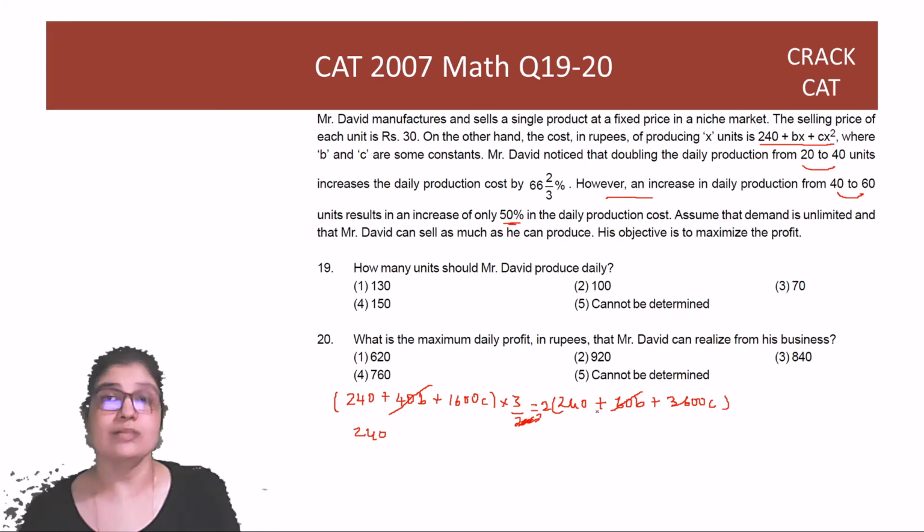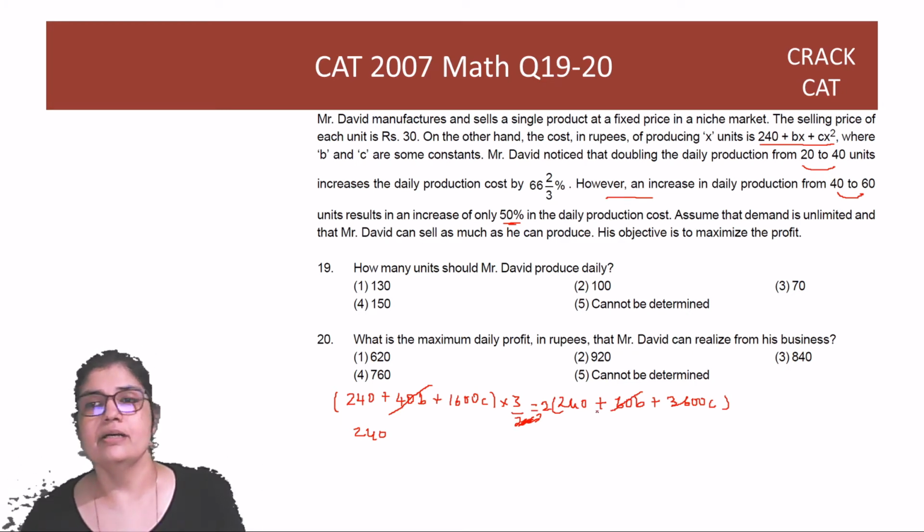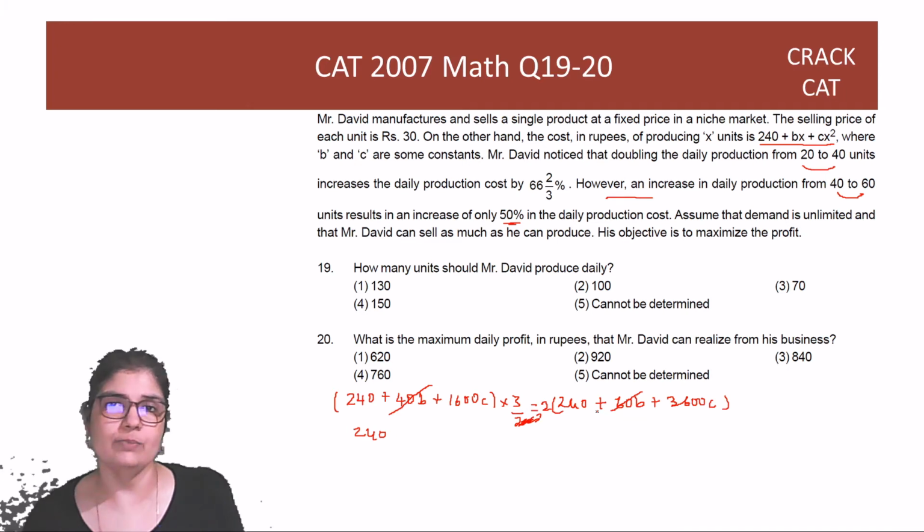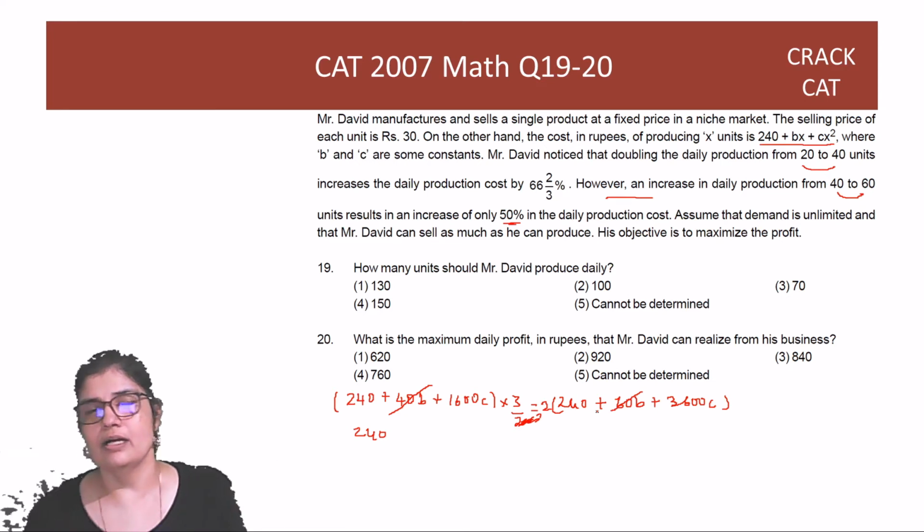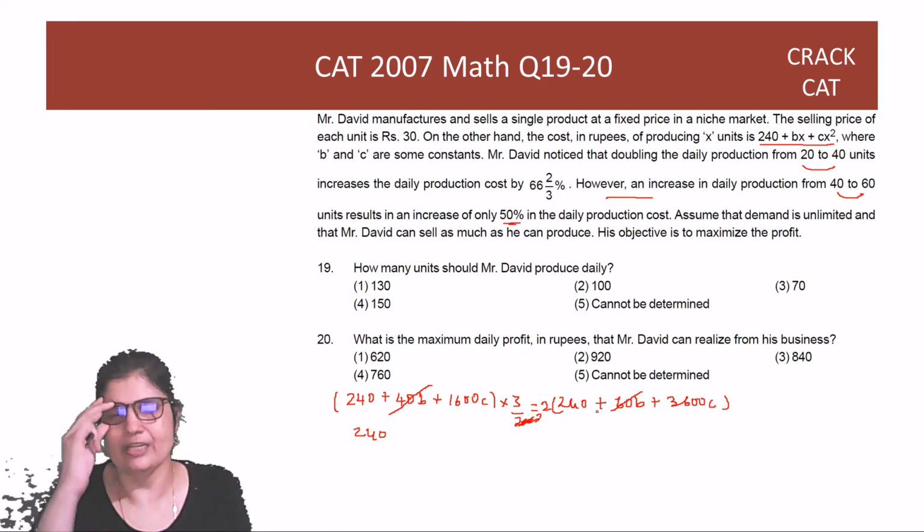That's what I meant: whenever the percentage change in cost equals the percentage change in production, your linear variable is not making any difference. It is your fixed 240, right, and your other variables.